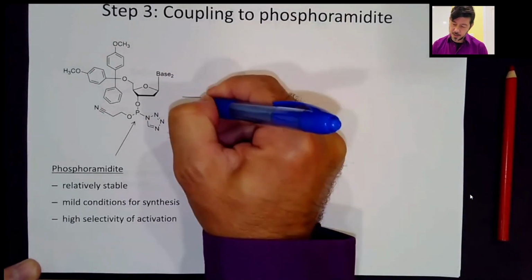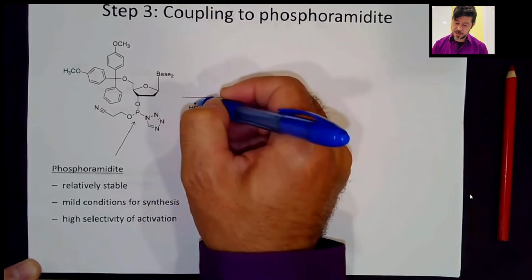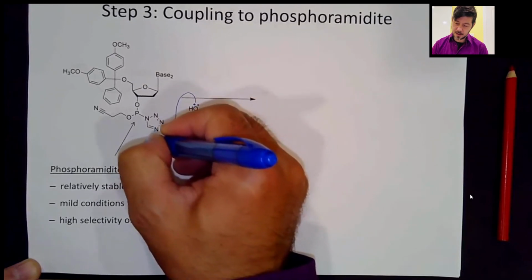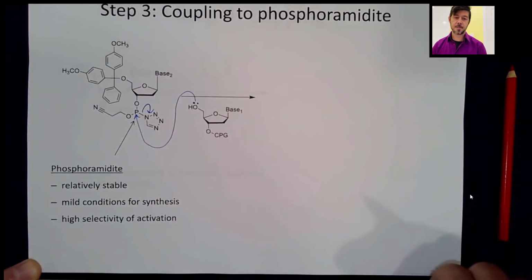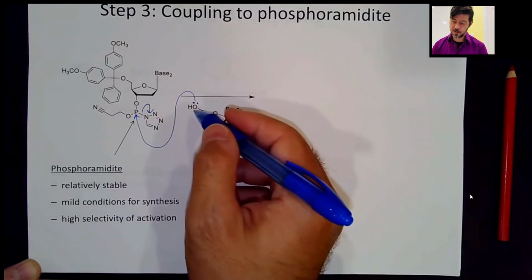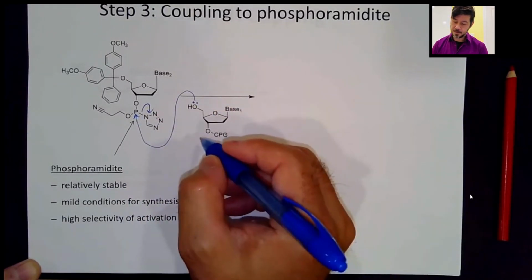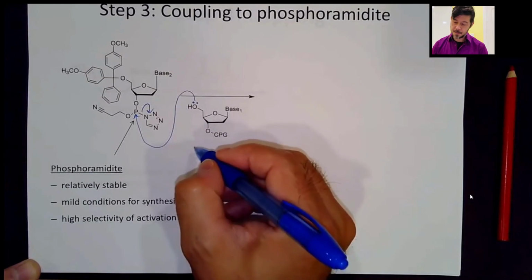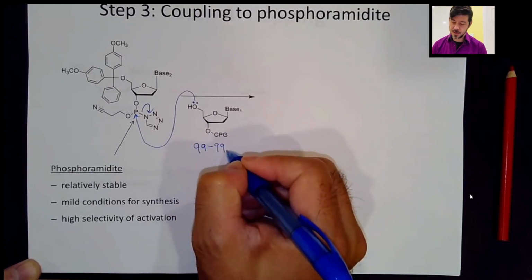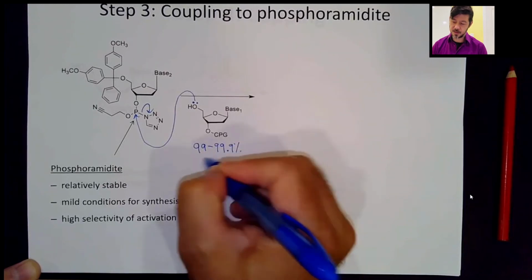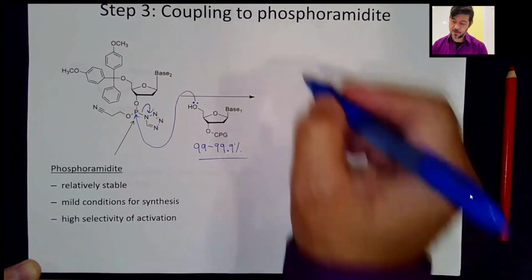So now this hydroxyl group that we've already deprotected is going to come and just react very efficiently. And then you get proton transfer from the oxygen. And you can get really good yields, from 99 to 99.9%. Okay, so it's highly efficient.